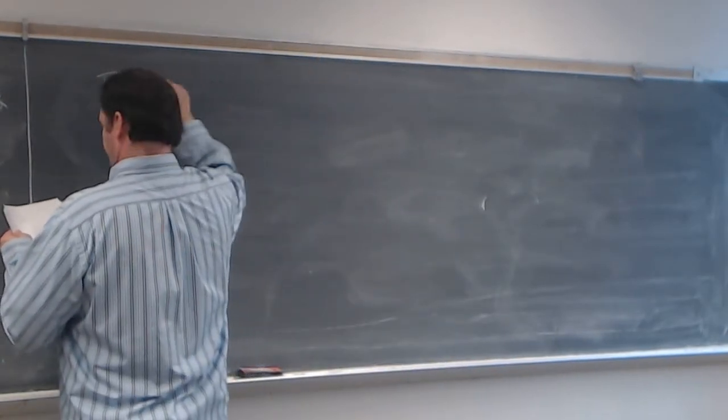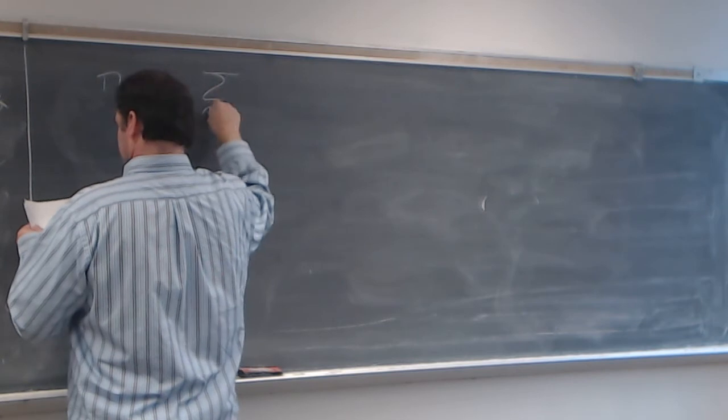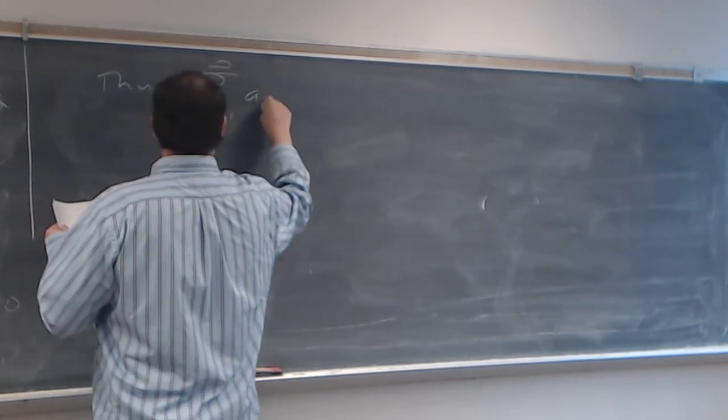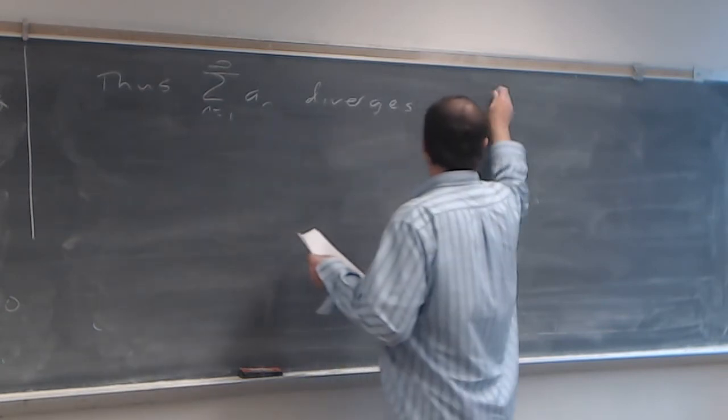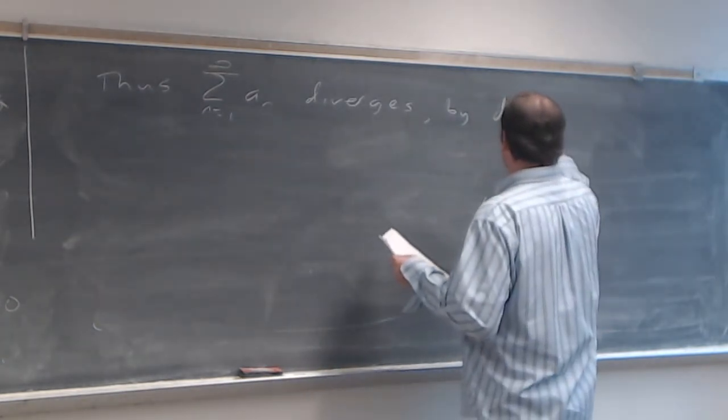So thus, the sum as n runs from 1 to infinity of a sub n diverges by the divergence test.